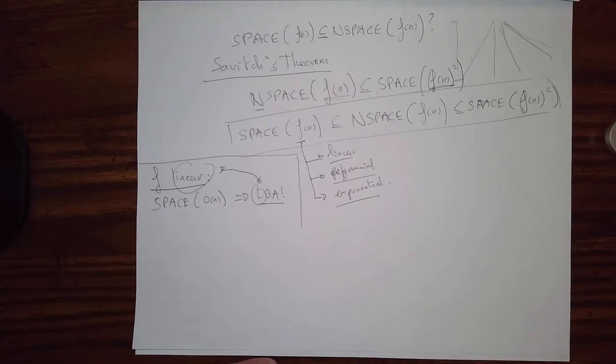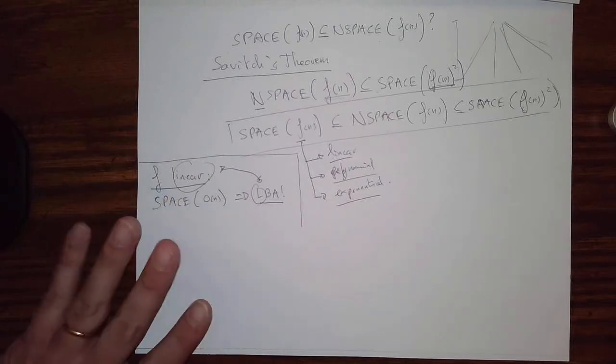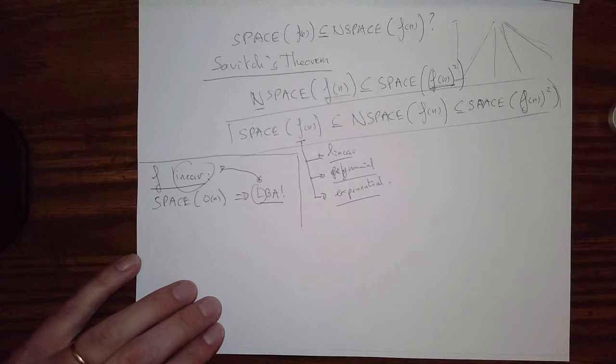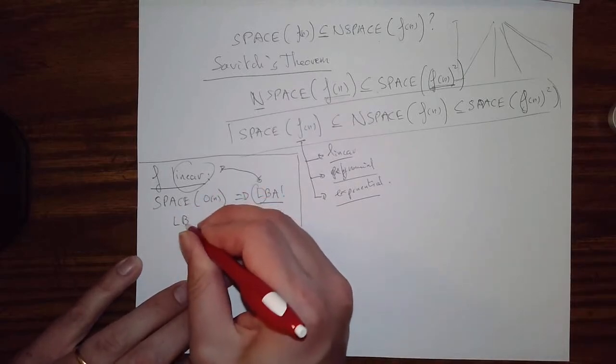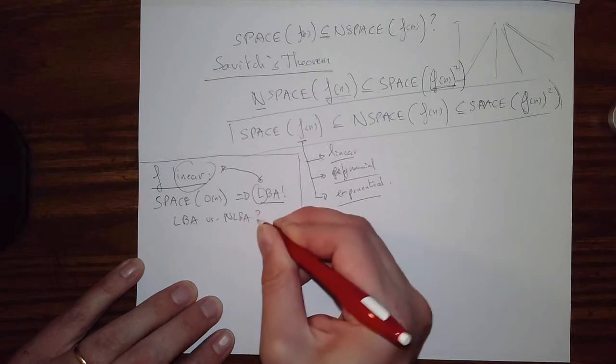So remember that on the topic of LBA, topic 6, we hit our first big question, the big interrogation of computing theory that is still yet to be solved. P equal NP being our second big question. And the first big question was, we don't know if LBA and non-deterministic LBA recognize the same languages.